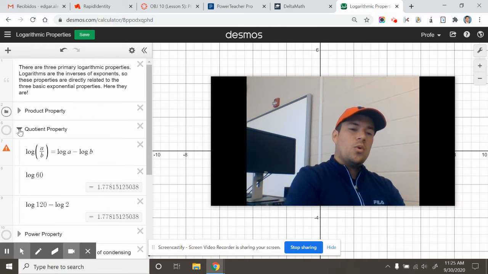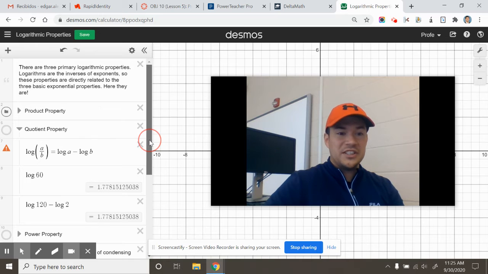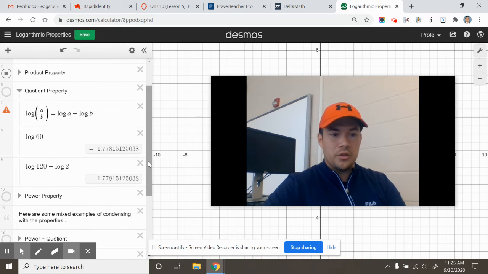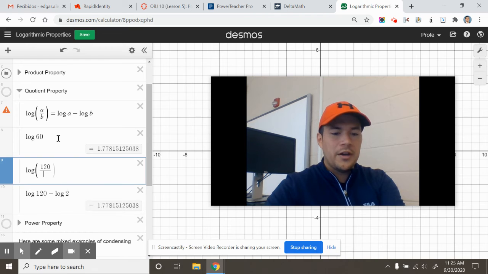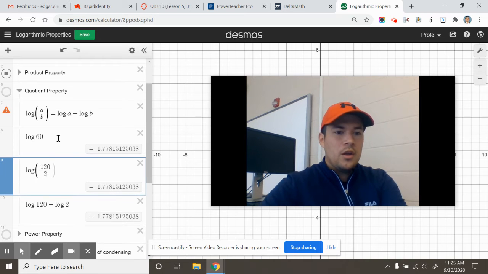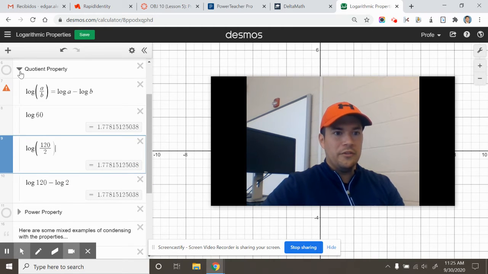Okay, so here's another example. So log of 60 again. Well, 60 could also be a quotient. 60 is the quotient of 120 and 2. All right, so you could think of the log of 60 as the log of 120 divided by 2, which is really the log of 120 minus the log of 2. You see, all of those have equivalent values.